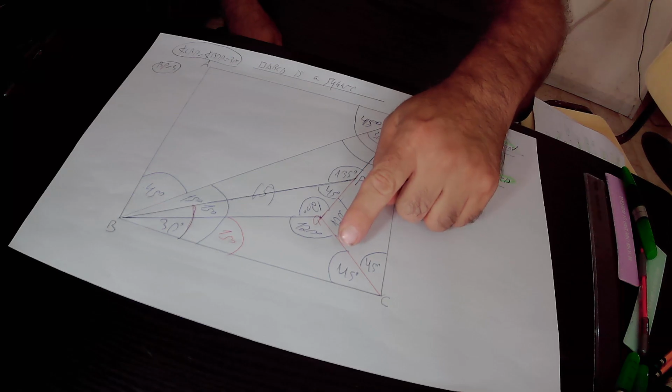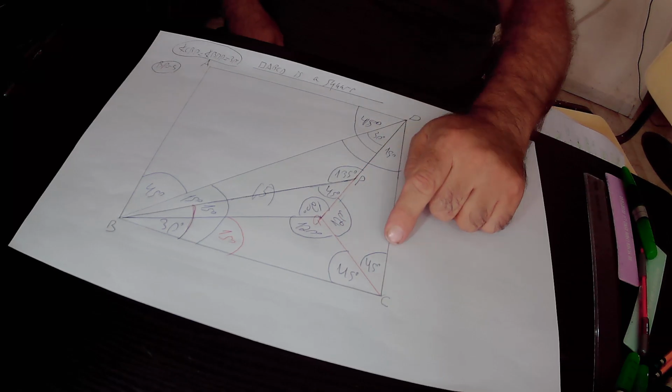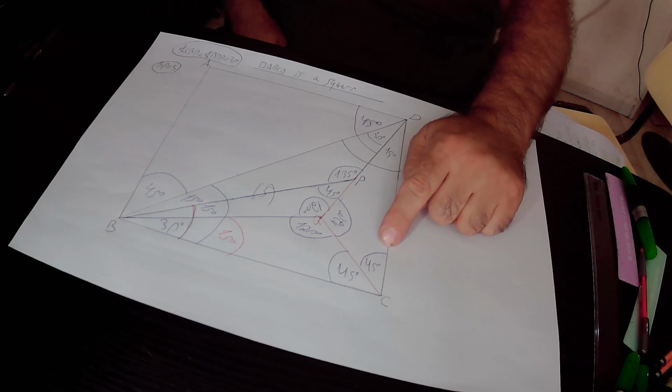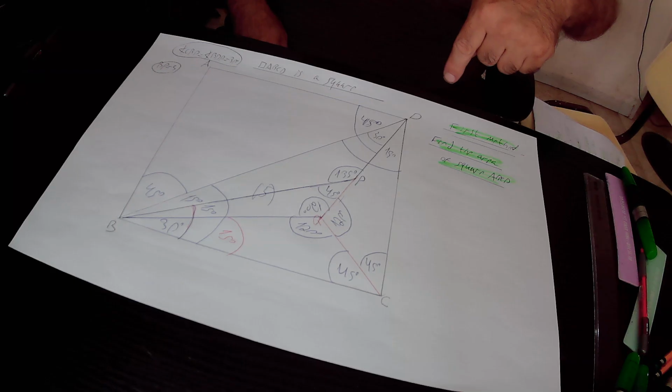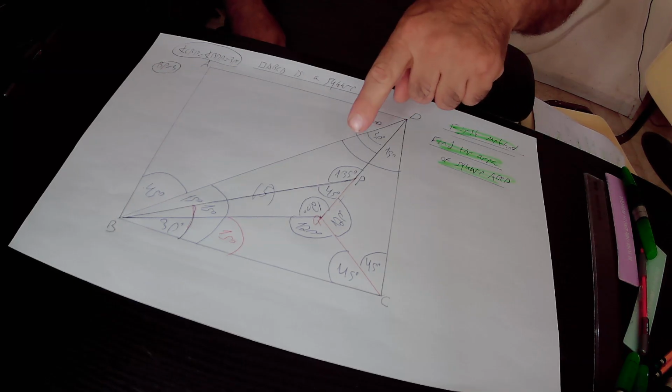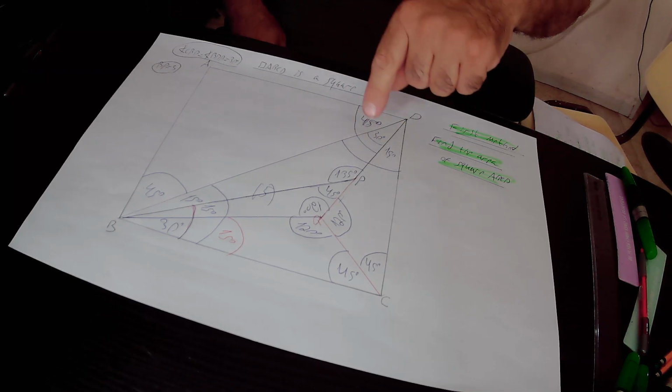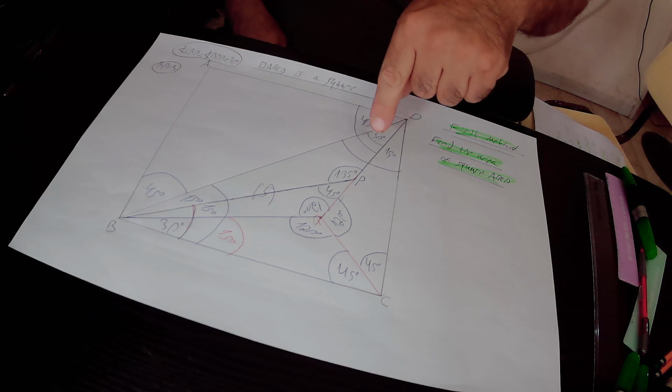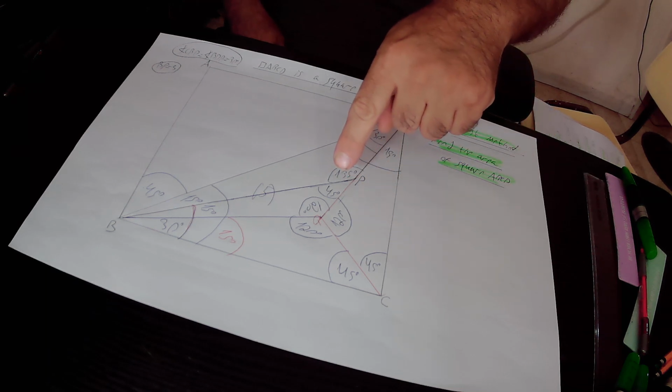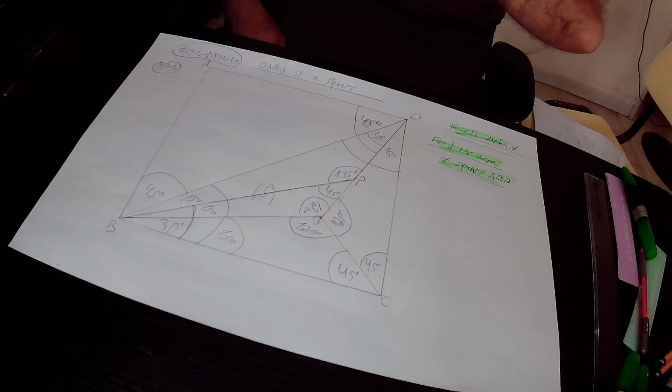This is the first half, that is 45 degrees. This is the second half, that is also 45 degrees in size. In the next step, we extend DP by a straight line until it touches the angle bisector. We define the touching point of the extended DP with this angle bisector as point Q.